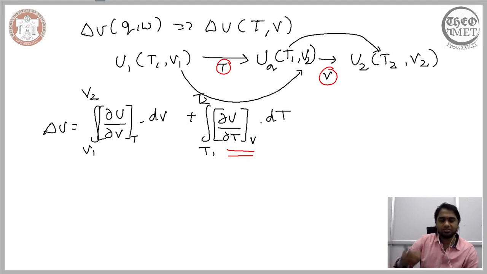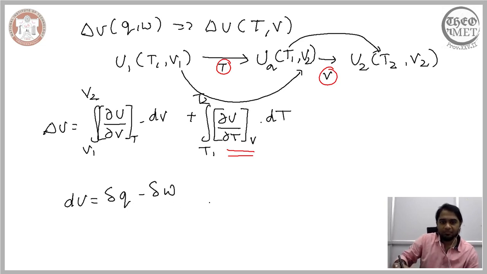Again, we saw this in the previous lecture as well. When you consider the change in the internal energy of the system at constant volume, a very small change du is expressed in this manner: the amount of heat transfer plus the work done.